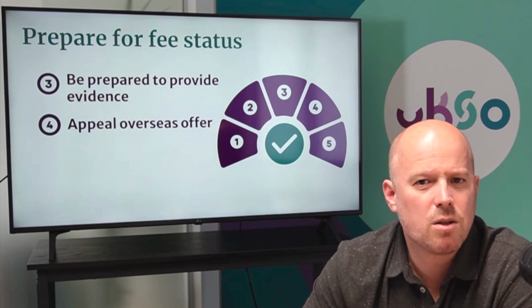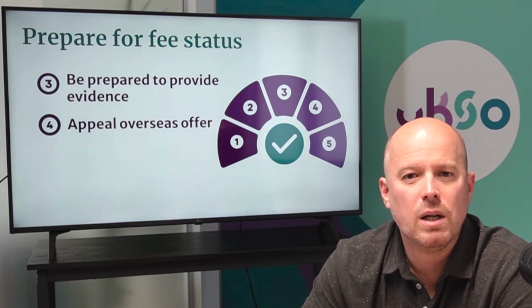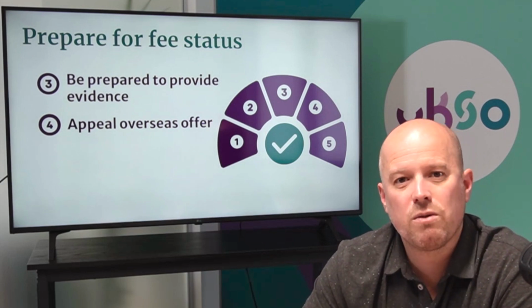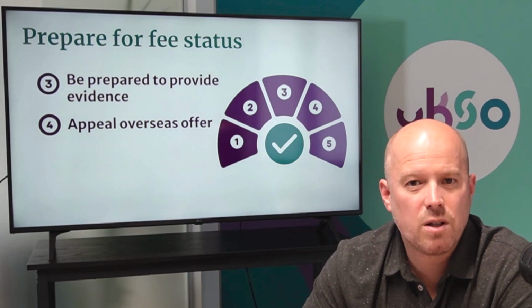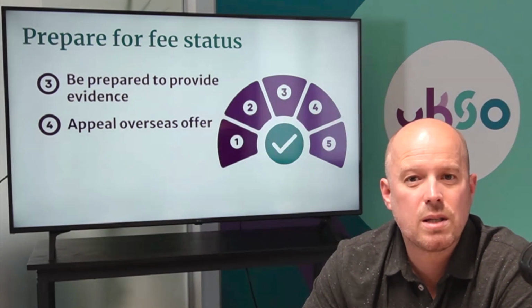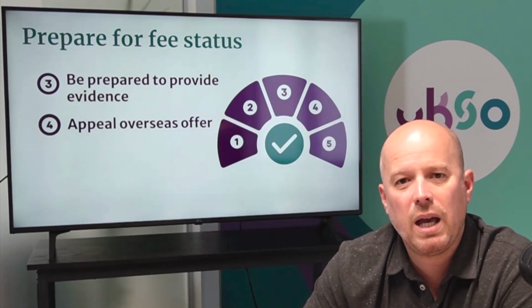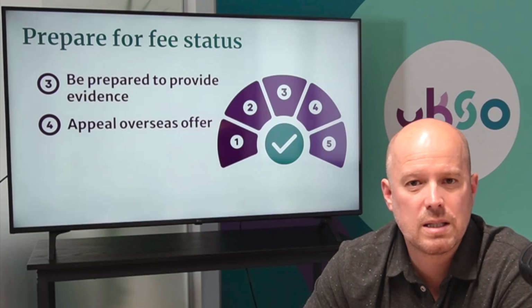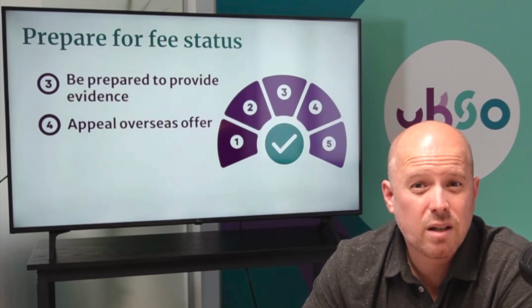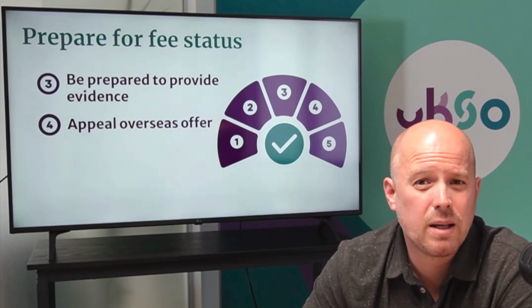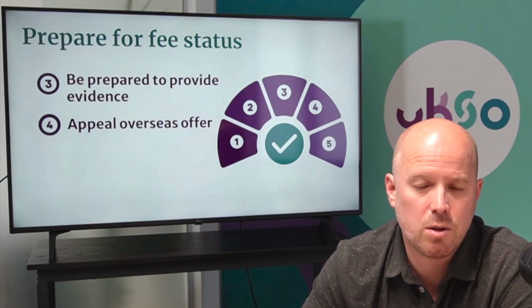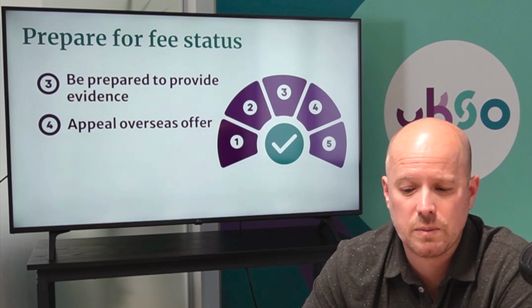They might misinterpret your circumstances. So if you get an offer and it says overseas fees, be ready to challenge them and ask the university to reconsider that because you might need to point out to them how you are eligible for home fees. So really important, check the fees that they have given you before you start your course because you don't want to, again, pay high fees when you shouldn't be needing to.